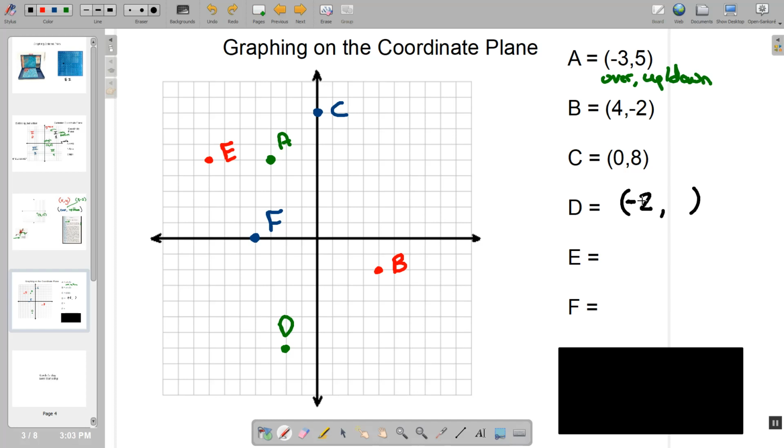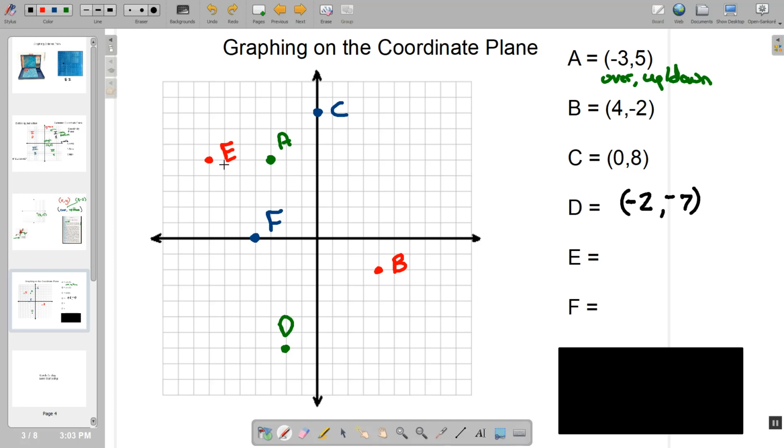So negative 2. That puts me right here. Now I know that I go down and not up, which makes this a negative, and I go down 1, 2, 3, 4, 5, 6, 7, down 7. So left 2, down 7.